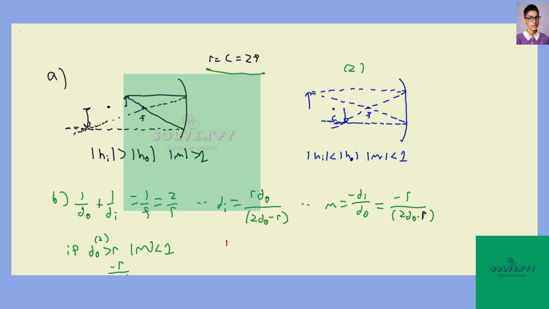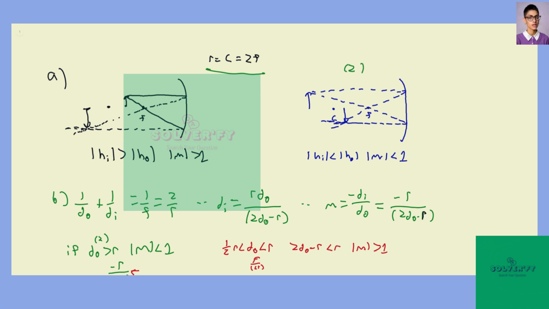If we are located in that sweet spot between 1/2 the radius and d_o is less than R, then 2 d_o minus R is going to be less than R. So M is going to be greater than 1, because just like over here, you have an R divided by something less than R, which will lead to something being greater than 1.